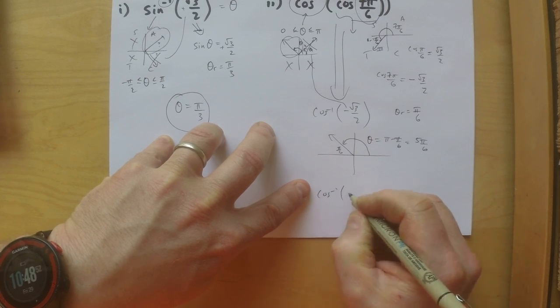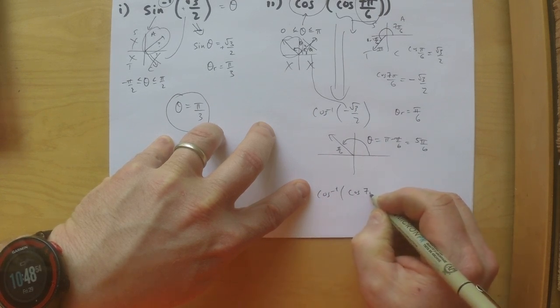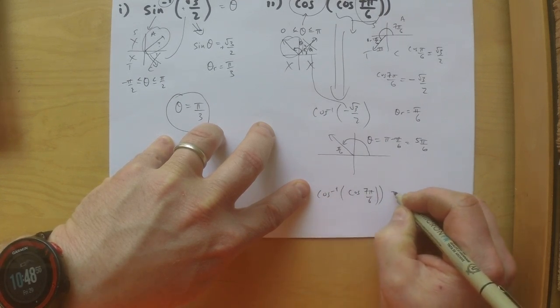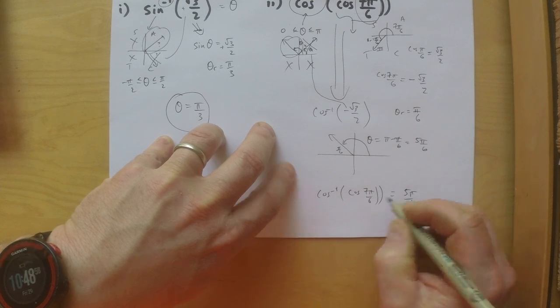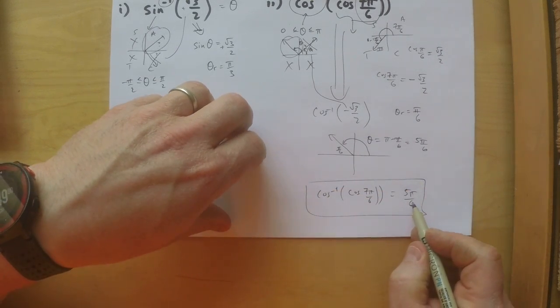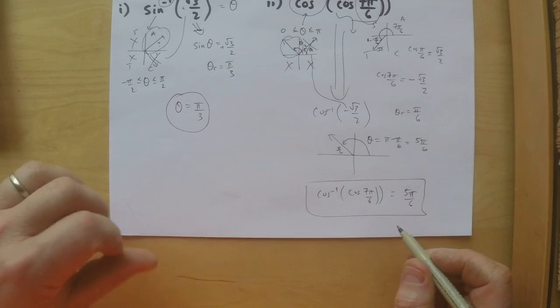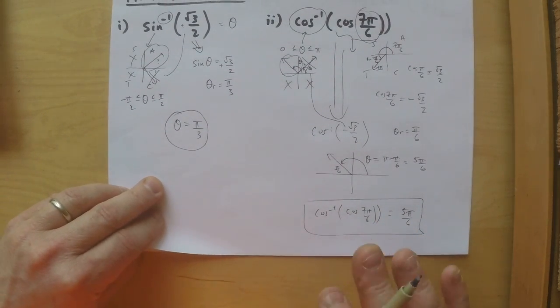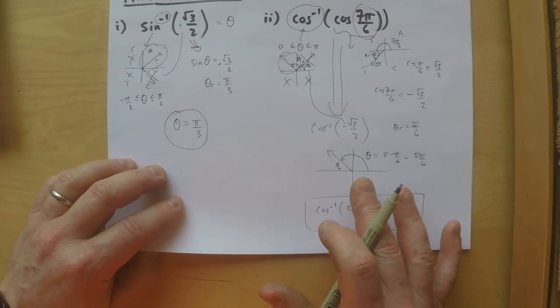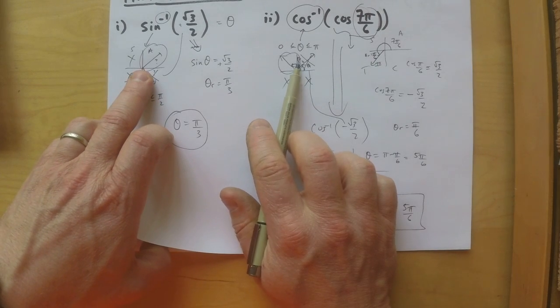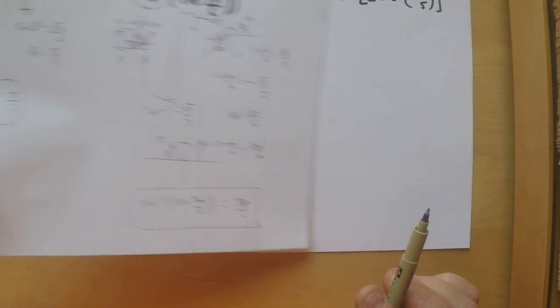That's weird. So the answer to this is actually 5 pi over 6. Like that one is sneaky. So that's why we're going through that, it's these sneaky little tricks here that we got to be careful with.